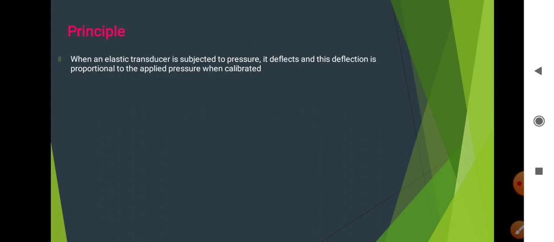Now the principle: when an elastic transducer is subjected to pressure, it deflects, and this deflection is proportional to the applied pressure when calibrated. Bourdon tubes are made of elastic material which converts the pressure into mechanical displacement, and this displacement is then converted into an electrical signal using an electrical transducer, and this output is proportional to the applied pressure.